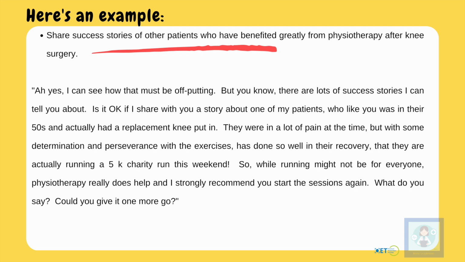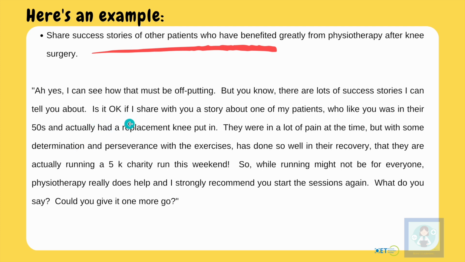They've heard from other people how painful physiotherapy can be. And you can say something like, oh, yes, I can see how that must be off-putting. You can acknowledge that physiotherapy can be difficult at times, but there are lots of success stories I can tell you about. Pause, check with them.